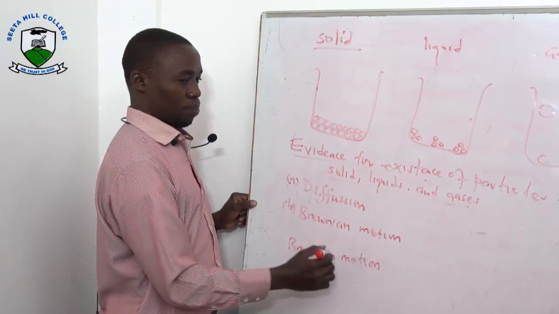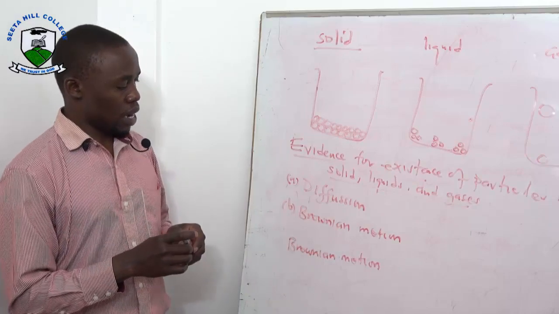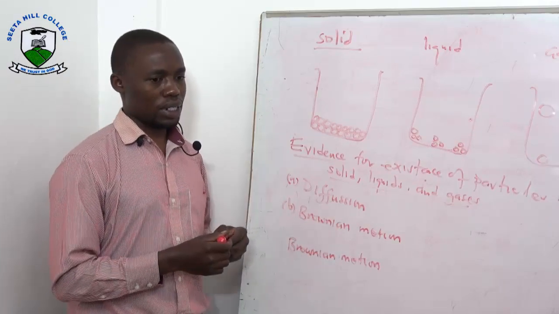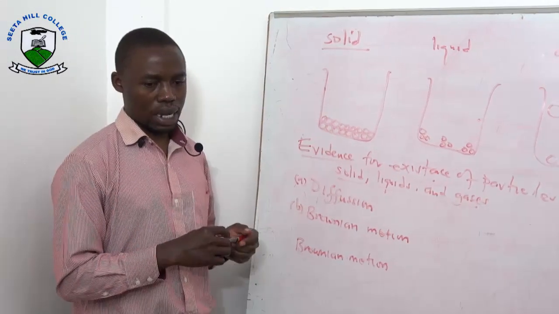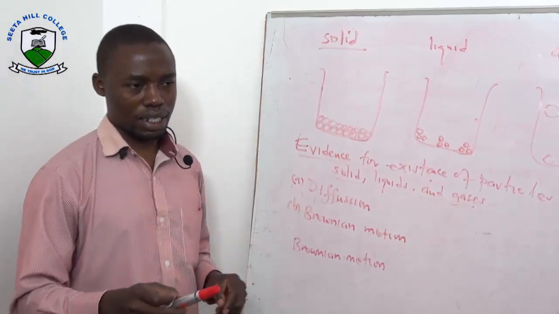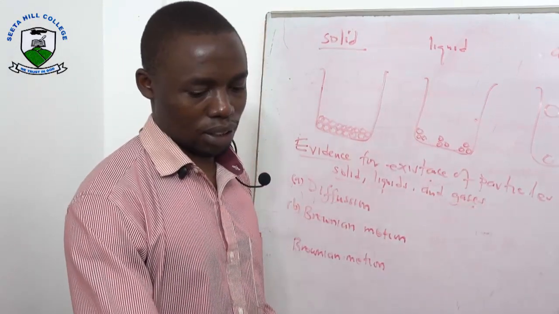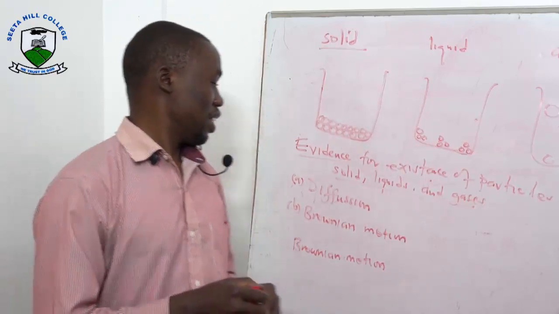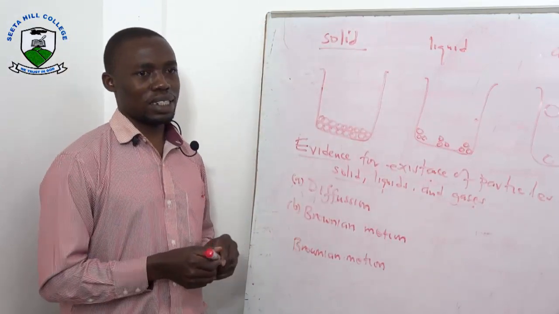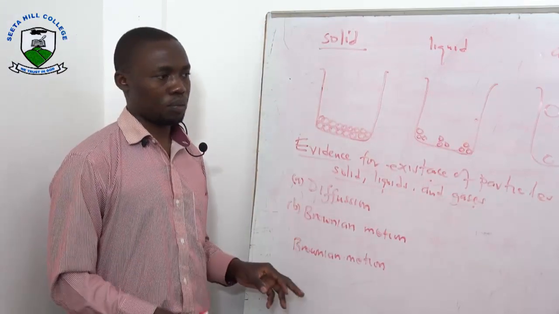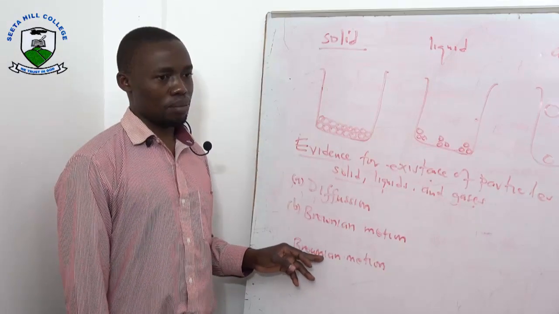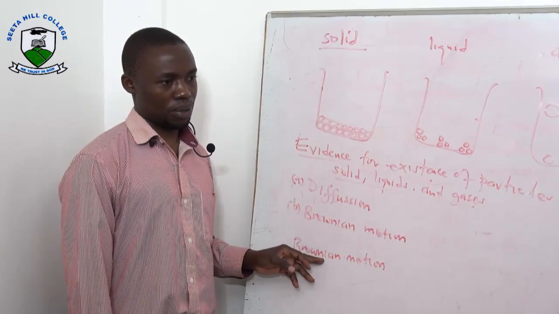In the early centuries, when science was at its younger stage, when science was young, some scientists like Robert Brown were looking at matter in depth.